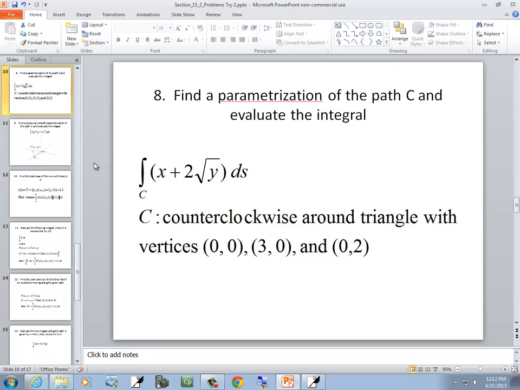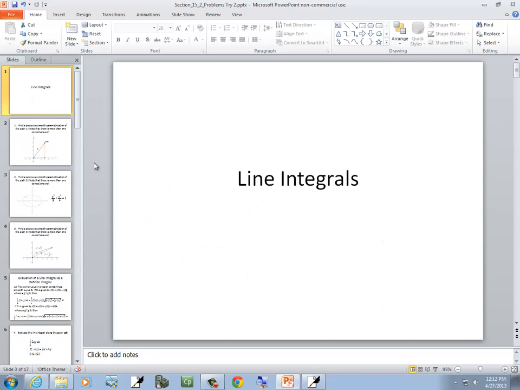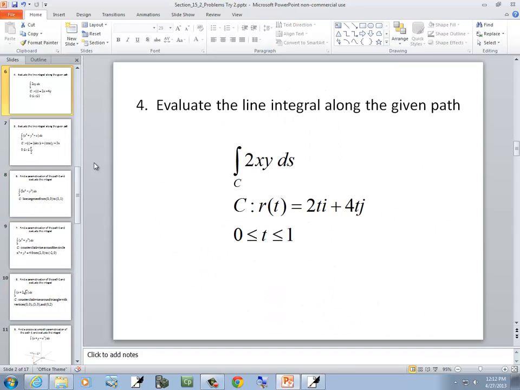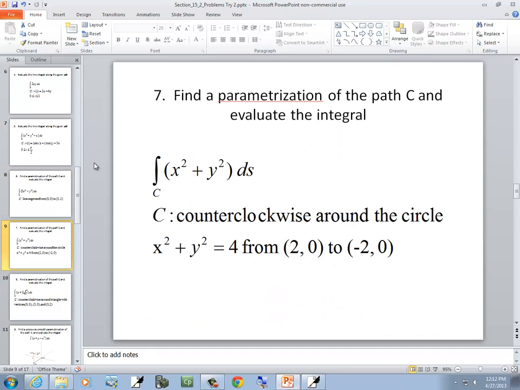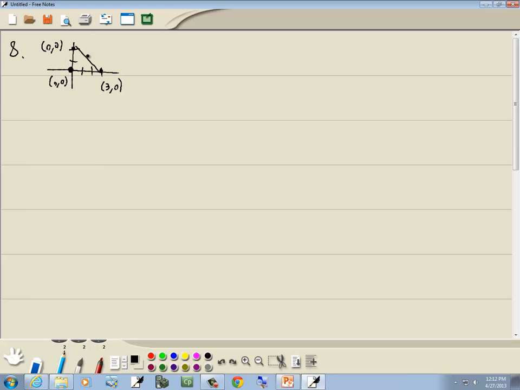I didn't work this problem right, did I? Triangle, triangle. Nope. Worked a triangle, but I didn't work this one. Okay, counterclockwise. So it's going in that direction.